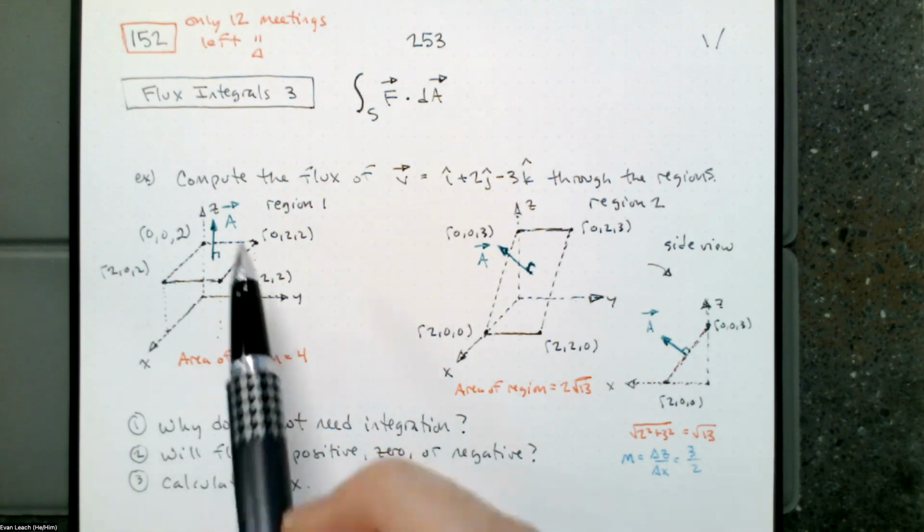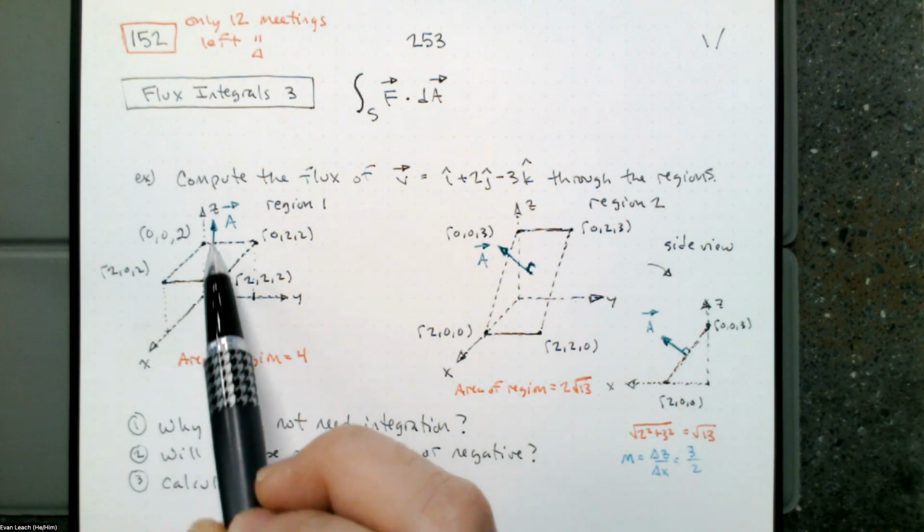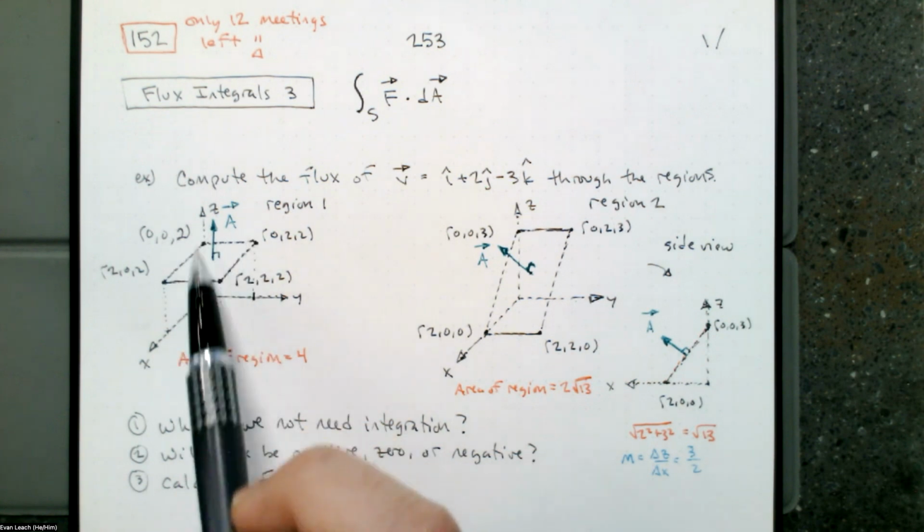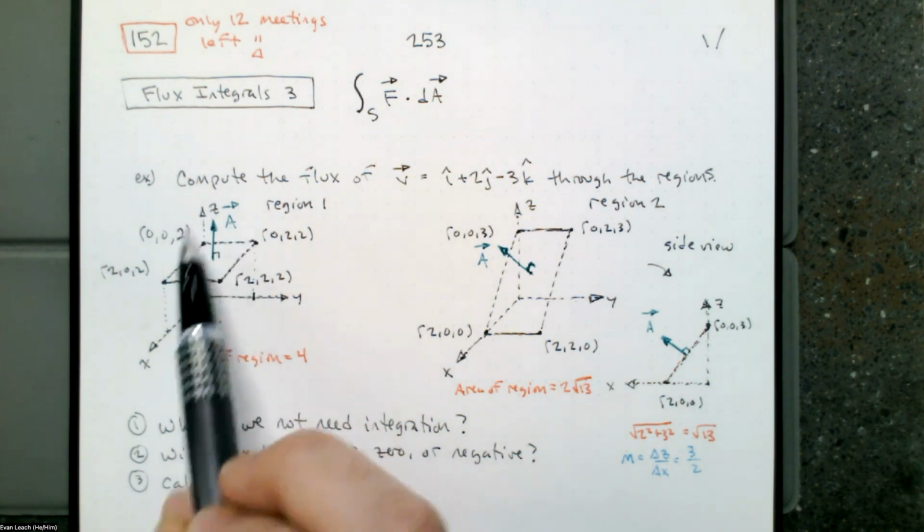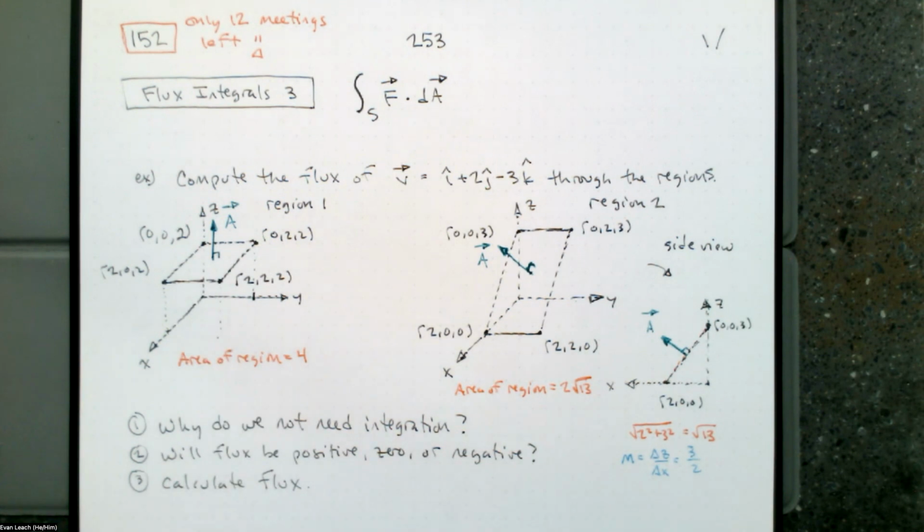Number two, notice that this normal vector A is the normal vector everywhere in the region. I can describe this entire region with just the one vector. So we don't need integration because the vector field and the surface are constant.